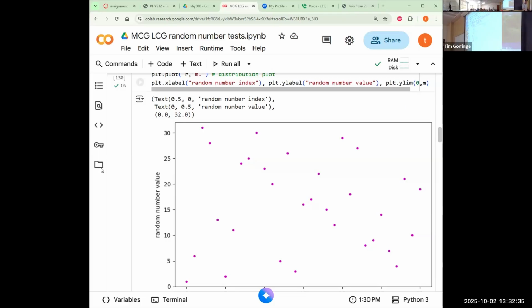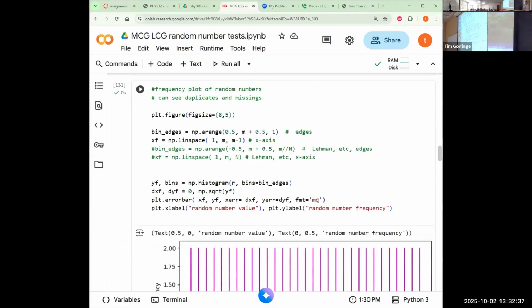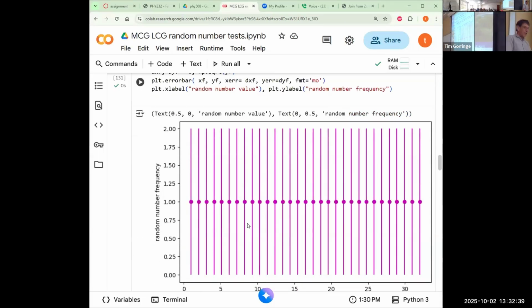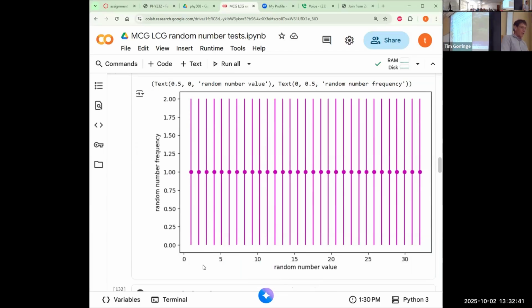If we look at the number of times each number occurred, this should be from 1 to 31. My scale has got messed up. These are the 31 numbers, and we generated each one of them once. And that pattern would then repeat if we generated further random numbers in the sequence.